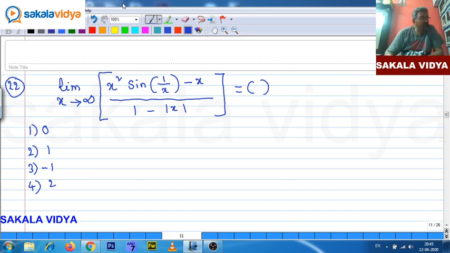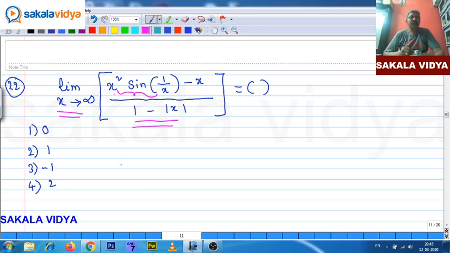Sandwich theorem, let us see now. So now the limit x tends to infinity, (x square into sine of 1 by x minus x) upon (1 minus mod x).